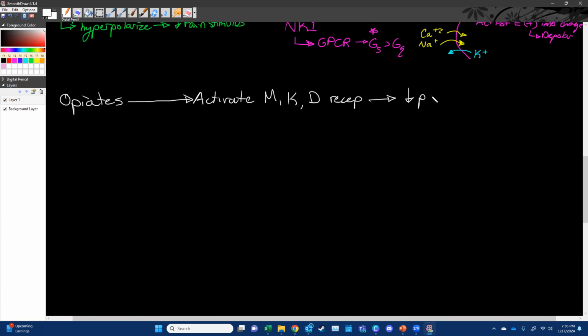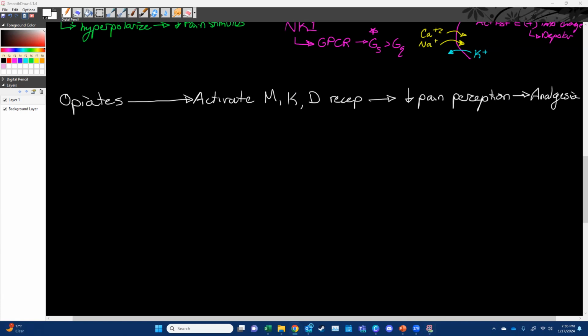This is going to decrease pain perception, and this gives us our analgesia. Great. That's exactly what we want. It doesn't always work out that way, and that's the big problem.